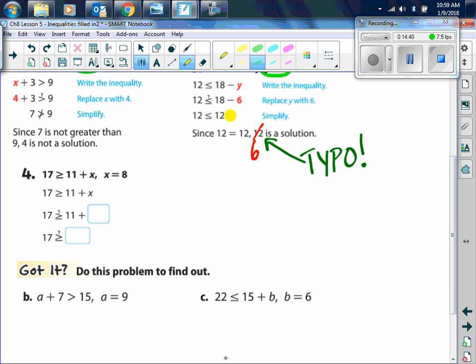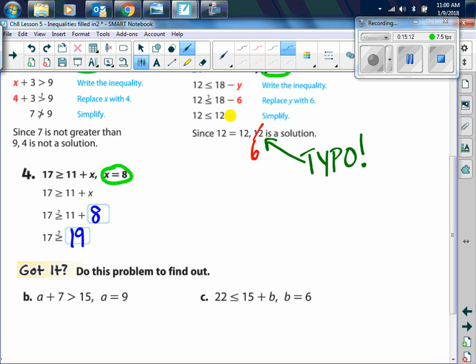So for example 4, we have 17 is greater than or equal to 11 plus x. And we are comparing if x is equal to 8. Is 8 a solution? Okay? So we're going to take that 8 and we're going to substitute it in for x. So we have 11 plus 8. So 11 plus 8 is 19.